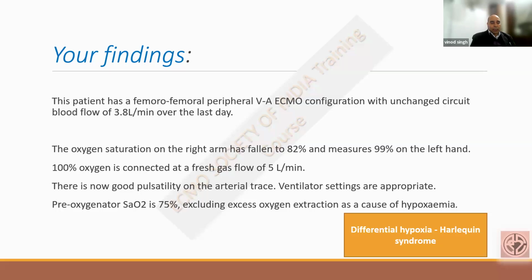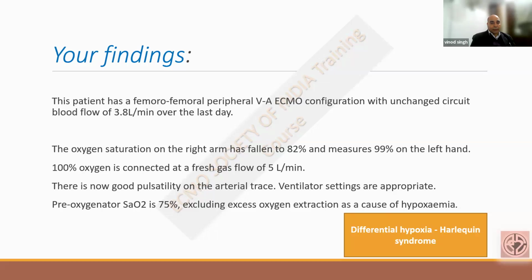The oxygen 100% is connected, and there is now a very good pulsatile waveform coming in the arterial trace. That means the heart function has improved and the ventilator setting is appropriate. The pre-oxygenator saturation is 75%.